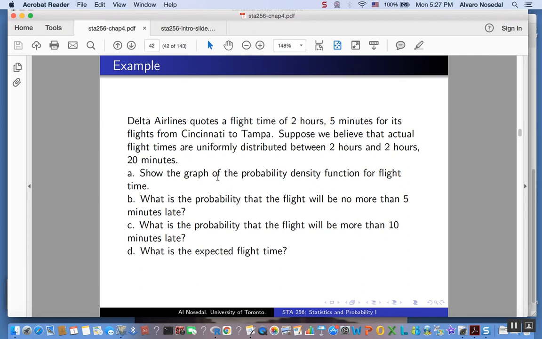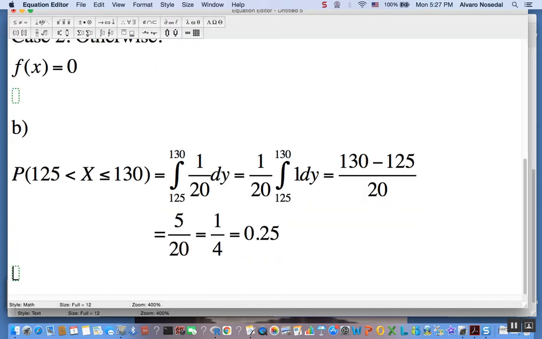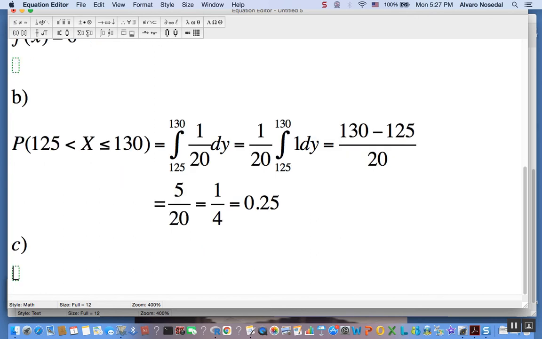Okay, let's go back to the problem and try to do the next part, part C. In this case, what we want is the probability that the flight will be more than 10 minutes late. So that would be the probability of being greater than 135.